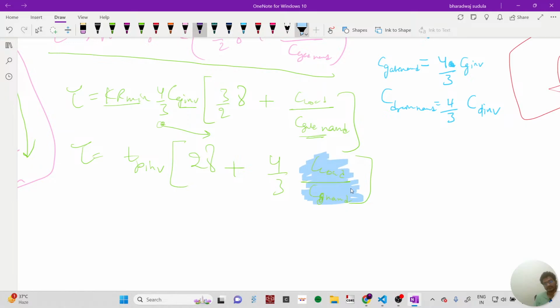If you can see, for an AND gate, C load by C gate, this is fan out, right? So this is fan out. And this is 4 by 3.